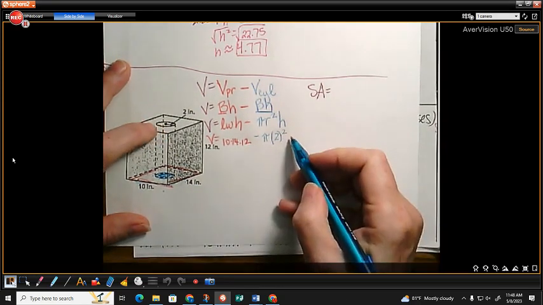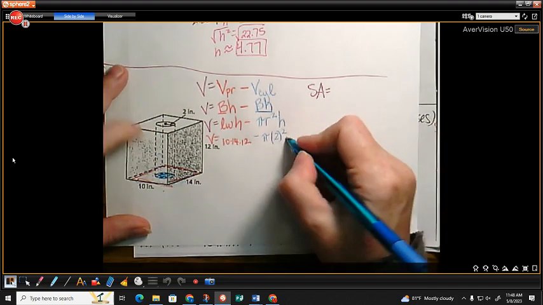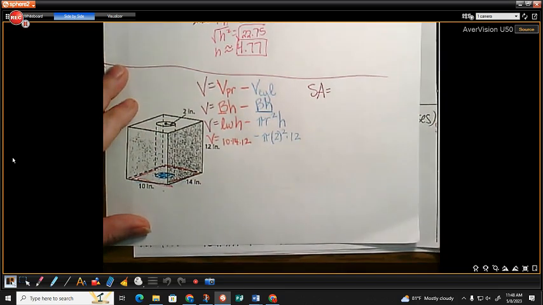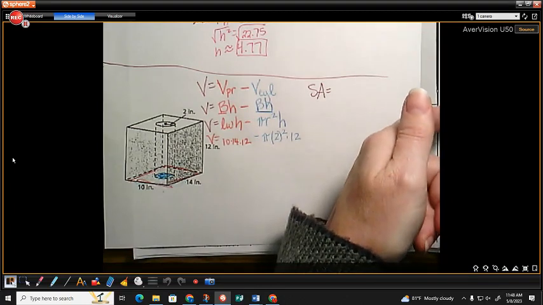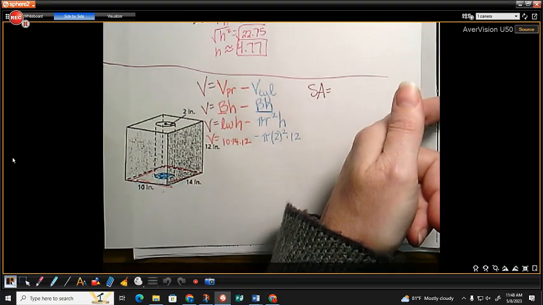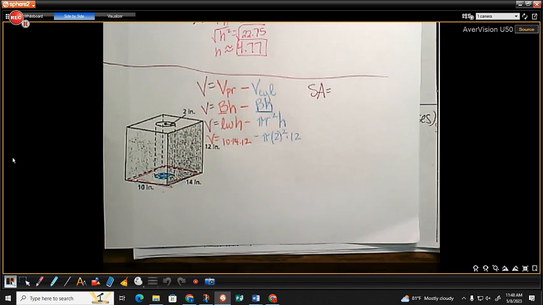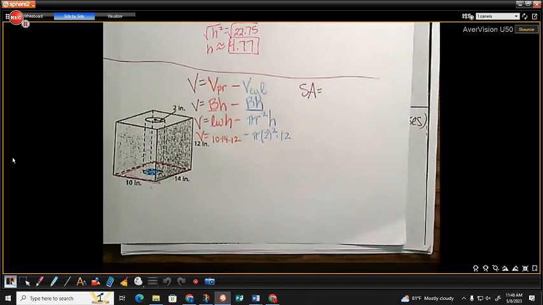And then what's the height of the cylinder? The 12. A third of the... No, look at your formula for cylinder. Oh, never mind. Okay? The 1/3 is the cones and the pyramids. Okay? And then you would work that out. That's not the hard one. The hard one is the surface areas.